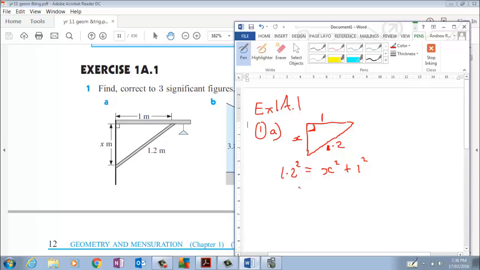And now if we work this out, we'll be able to find x squared. Now to find x squared by itself, we need to get 1 squared over to the other side. And we do that by subtracting it, because at the moment it's adding. On the opposite side you use the opposite operation. So it's 1.2 squared take 1 squared.